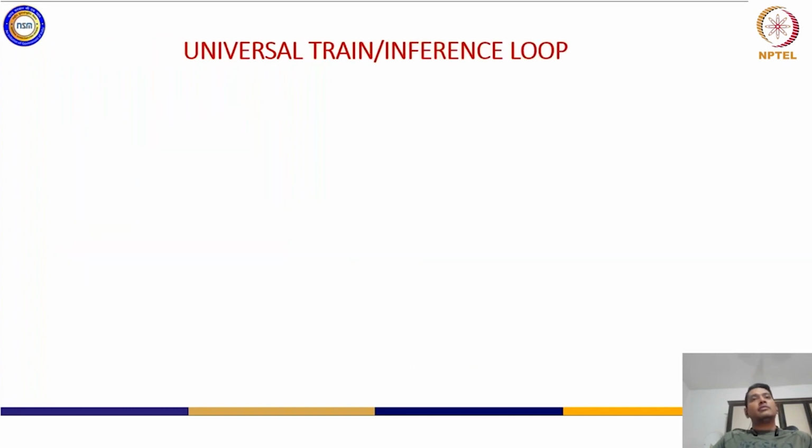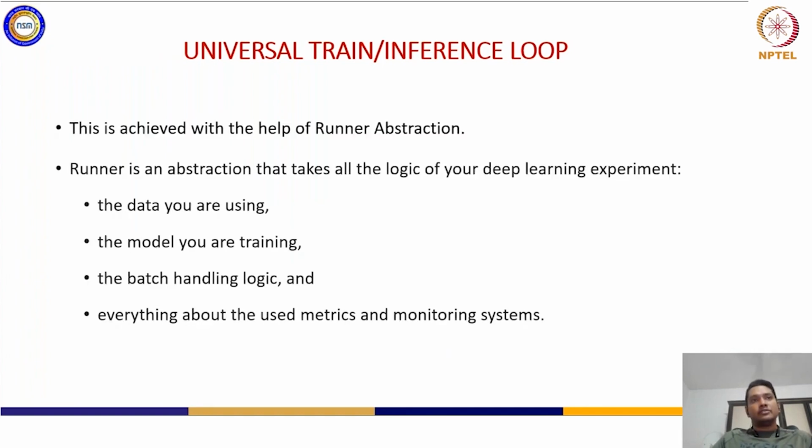Why are we talking about the universal training loop? The inference loop essentially will help you abstract inside your custom runner that I was talking about. Now, the runner is an abstraction that takes all the logic: how many batches you want to handle, how much data, what kind of model you want to train, and even if you want to import some models from libraries, you can do that seamlessly.